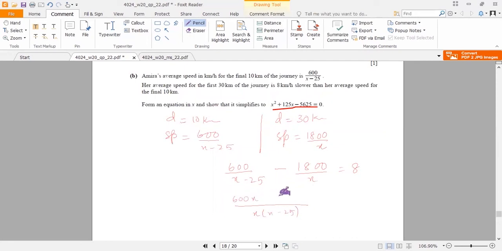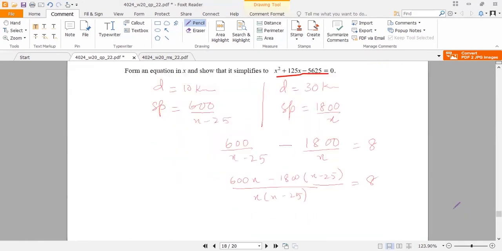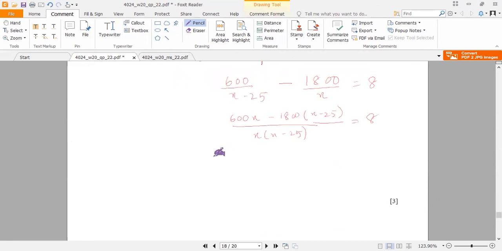So 600 times x minus 1800 times x minus 25 equals 8. Then 600x minus 1800x plus 1800 multiplied by 25, minus minus plus, so it will be 45,000, and this will be multiplied with 8, so it becomes 8x squared minus 200x.